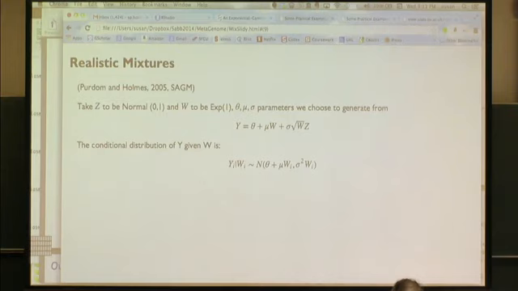Now I'm going to talk about what we really do in biology, and this is a paper that appeared almost 10 years ago, where we were looking at microarray data, and there were types of data which occur a lot, which are not at all, you don't see 2 or 3 components, you just see an overall distribution that just doesn't look normal at all.